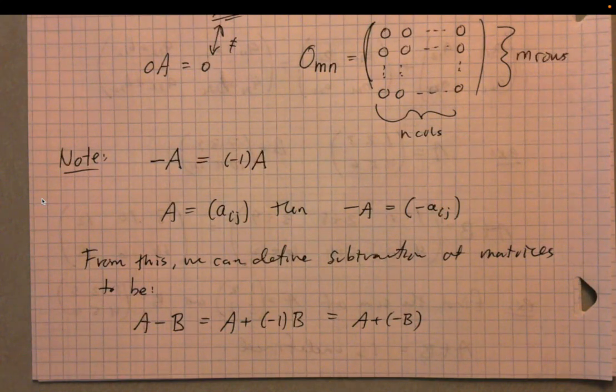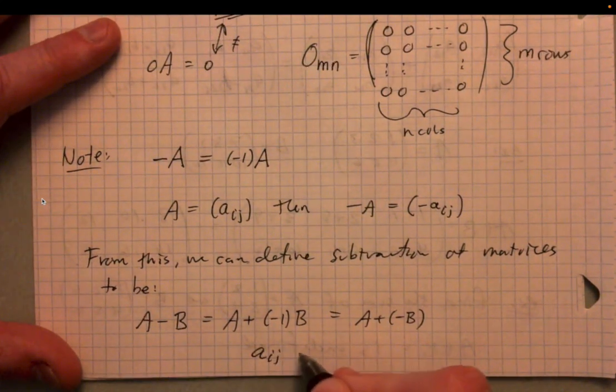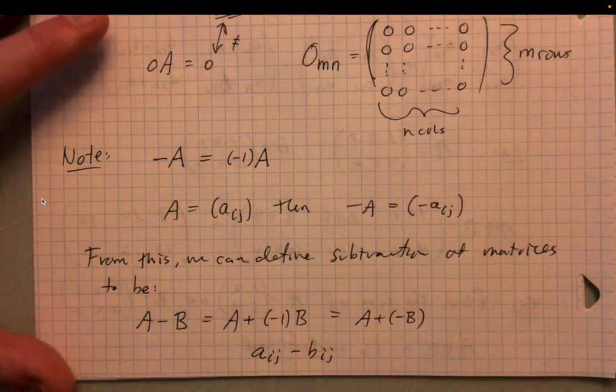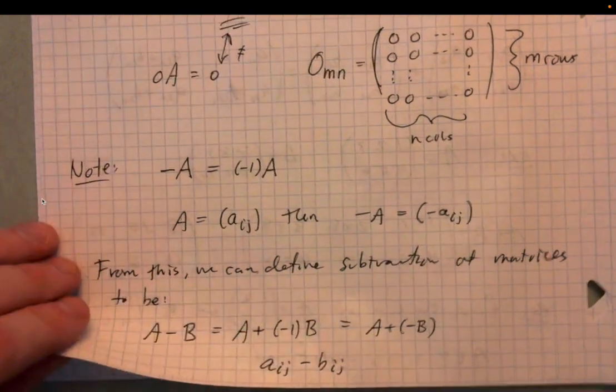And so in the case of subtraction, it's really just like a_ij minus b_ij, so you just subtract the entries. That's what the entries are going to look like. All right. Very good.